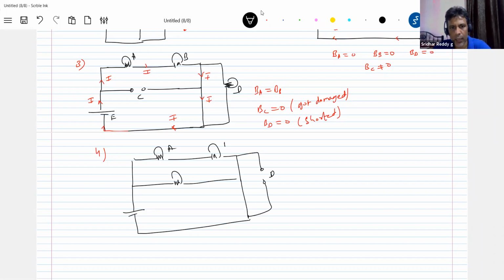This is A, B, C, and this is E. Whatever the flow of current, the current again will branch out, say I1 and this I2. So the brightness of bulb C will be greater than that of A and B.